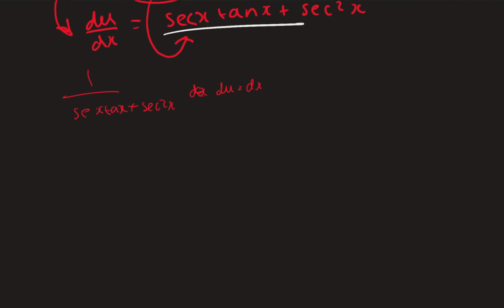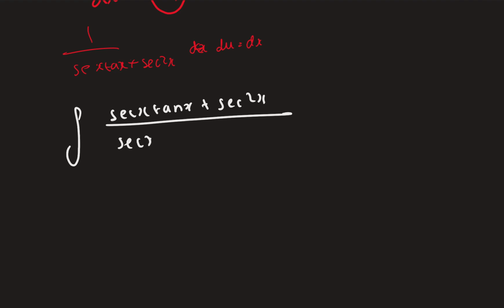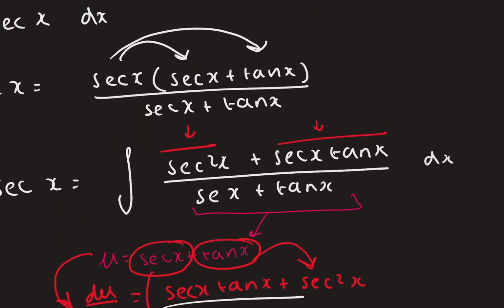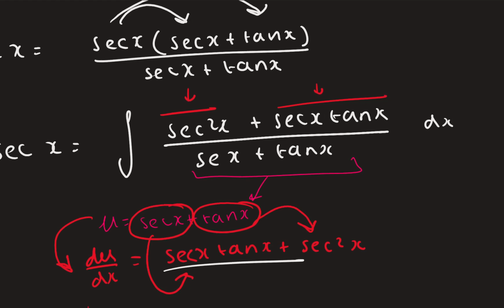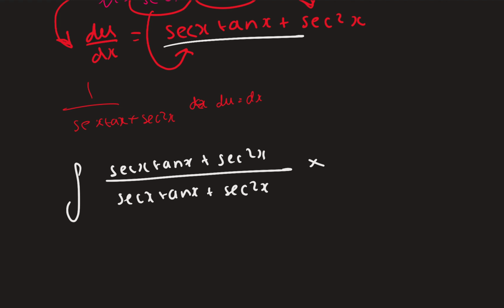We're going to multiply the integral out, and that's going to do this. So (sec x tan x plus sec squared x) divided by our denominator, which was (sec x tan x plus sec squared x), times it by our thing over here, this 1 over (sec x tan x plus sec squared x).